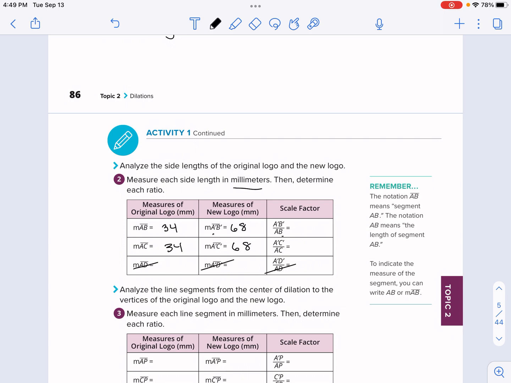So the scale factor, we're going to first divide 68 by 34. If you divide it, it goes into it evenly. That is a 2. So that means this is also 2. Notice when we looked at corresponding parts and divided them, we got the scale factor, which is 2. Okay, let's move on to number 4.